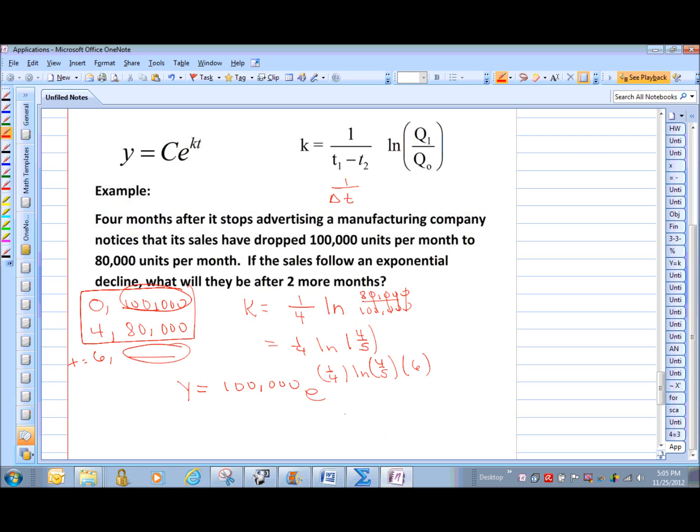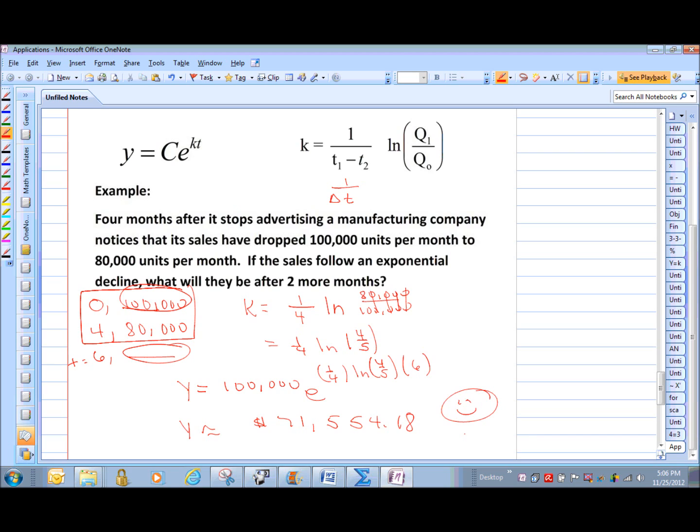When you plug all this into your calculator, do so very carefully, and your sales will be approximately $71,554.18.